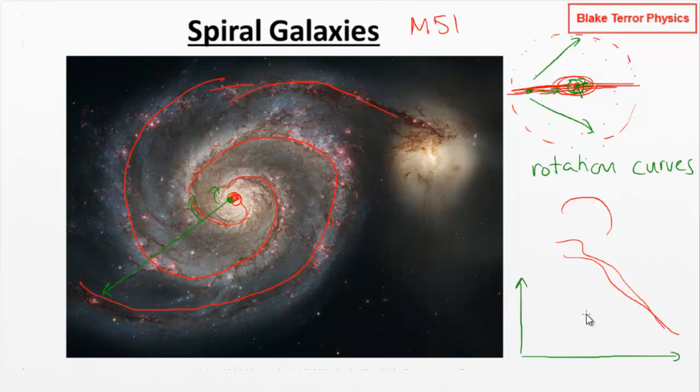And you plot out a curve of this. So we've got distance here, and we've got some rotation speed going on here. And when people plotted these out, they made their predictions, first of all. They say, okay, what is our model telling us based on what we can see, all this visible matter here and how it's distributed? Stick that into a model of how matter moves, and they came up with their prediction would be something like this.